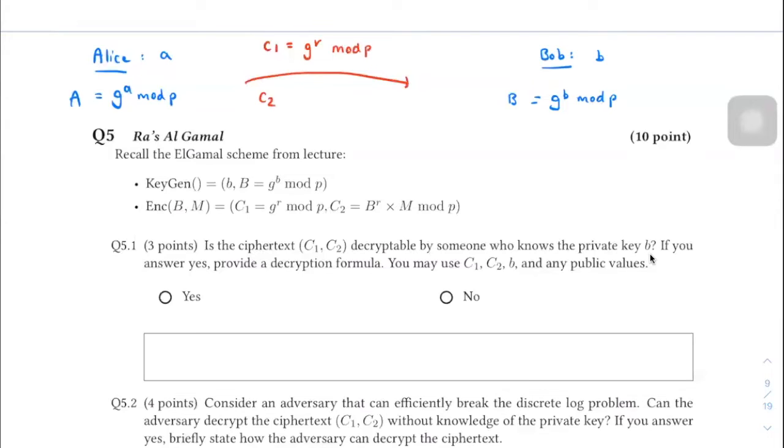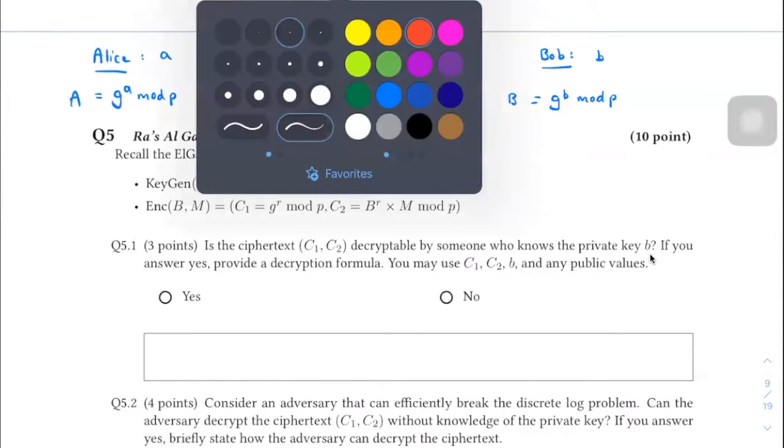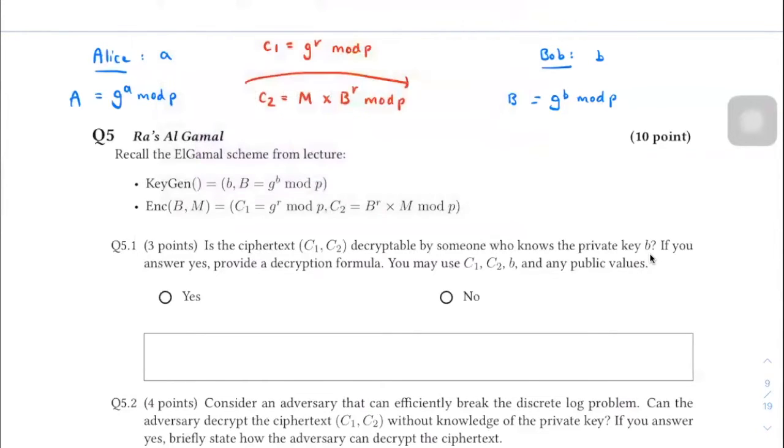And then C2, which is that message M multiplied by Bob's public key to the power of R, mod P. To decrypt this, Bob wants M. So Bob is going to take C2 and divide that by C1 raised to Bob's private key, something that only Bob knows. And again, this is in the mod P space.